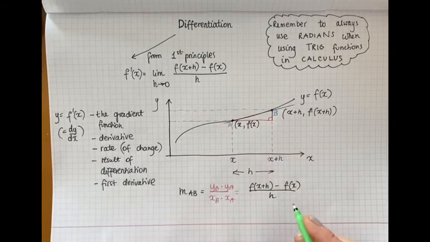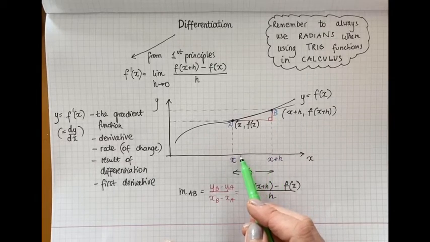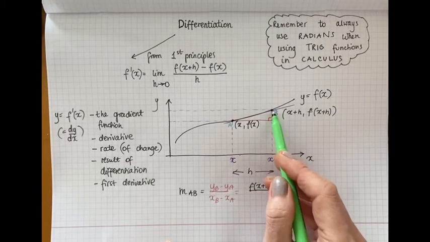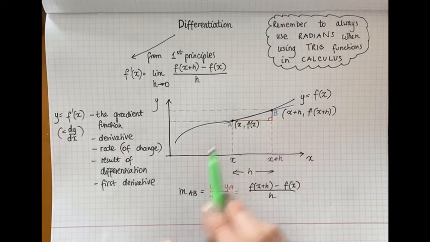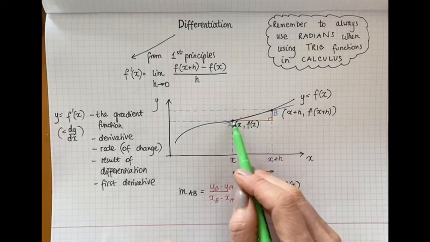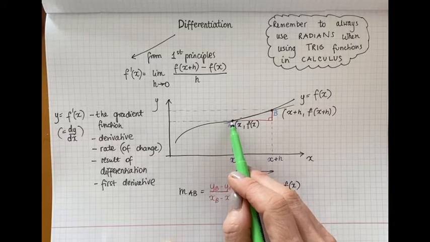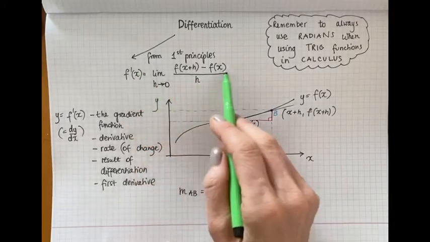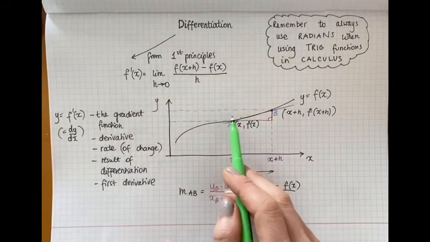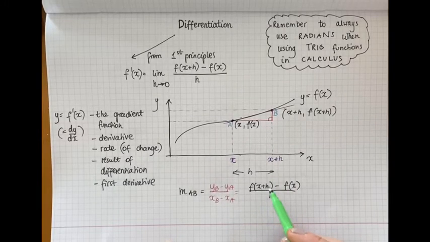There you go. Now imagine that h getting smaller and smaller, so you are moving that point B closer and closer to point A. Then the gradient of that chord, or the line that joins A with B, will become closer and closer to the gradient of the curve at point A. And this is the idea of finding the limiting value of this expression as h tends to 0.